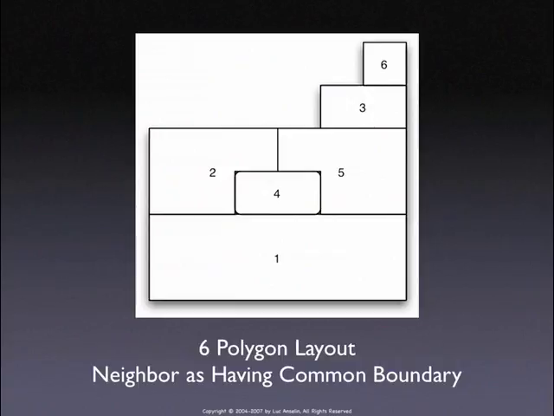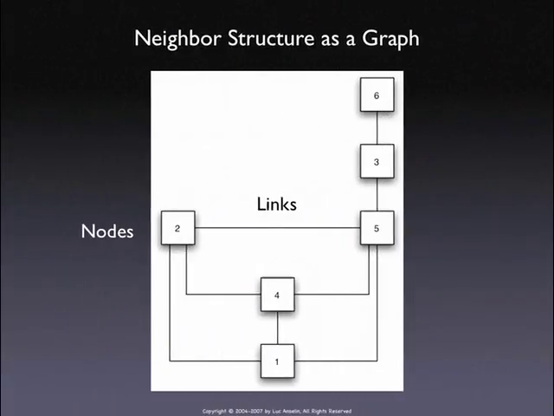Right. And we can make this more abstract, and this is a connection to social network notions, because we can express this spatial layout as a network structure. Each of our polygons becomes a node in the system. So now node number 1 is connected to node number 2.